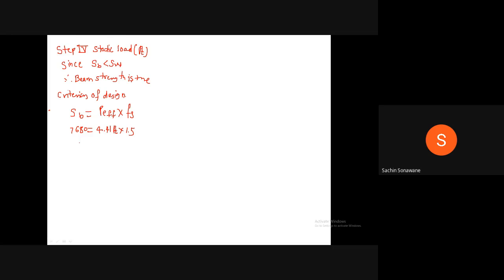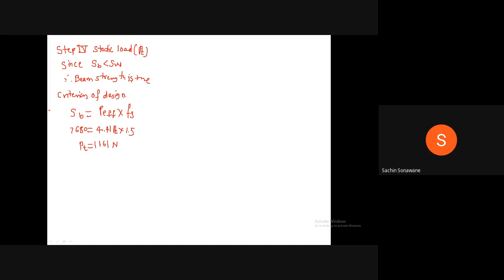Therefore, calculate the value of PT, static load. Please tell the value of PT. 1161 Newton. Yes, correct. All the students should write 1161 Newton.